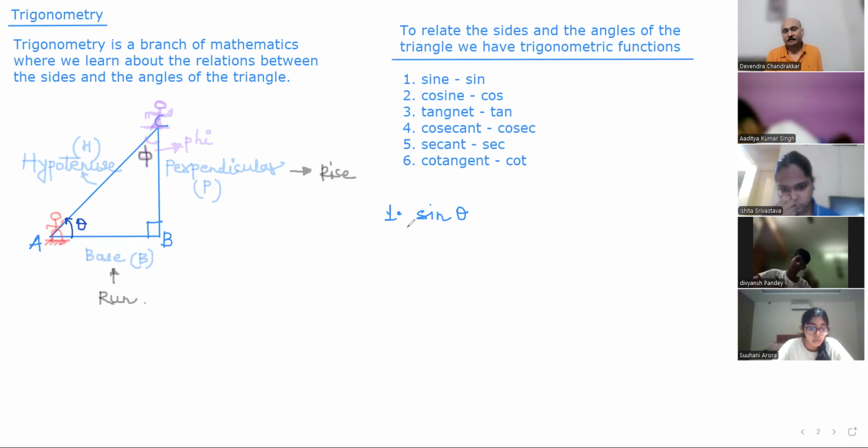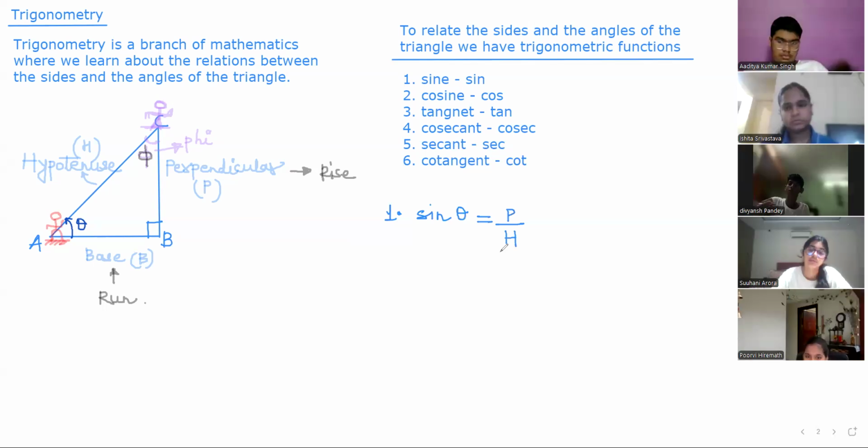What will be the output? The output will be the ratio of the sides. The value of sine theta is given as perpendicular upon hypotenuse. Sine theta is perpendicular upon hypotenuse.